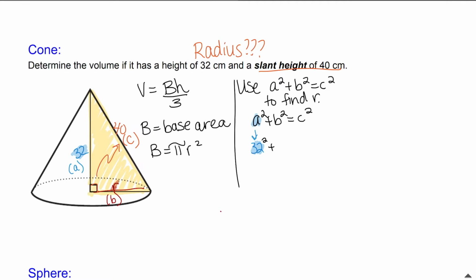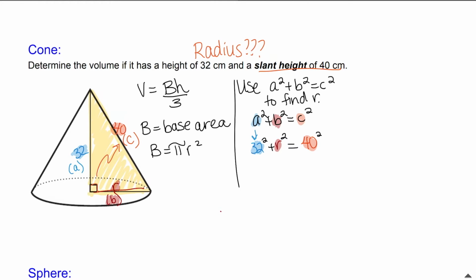We know that the B is the r, so I'm just going to write down r right here. And I still have to square it, and let's keep the r red so we can be consistent, equals, and then here I have the C value, which we know is 40. So here for C, I'm going to replace it with 40. But again, I still have to square that 40.